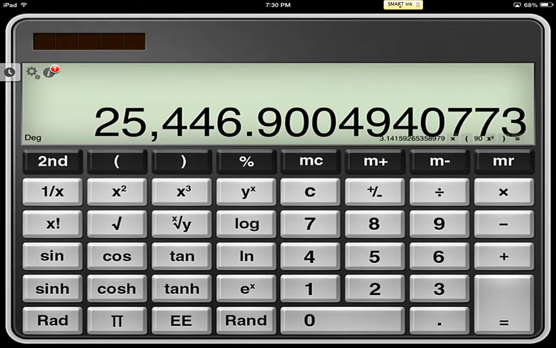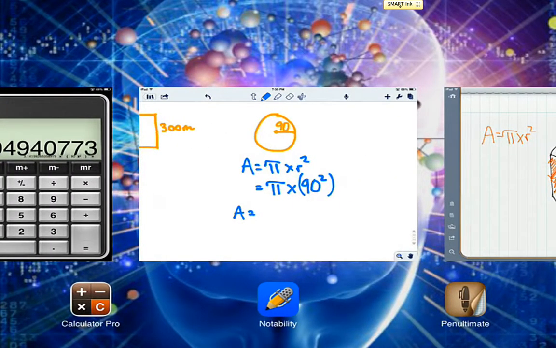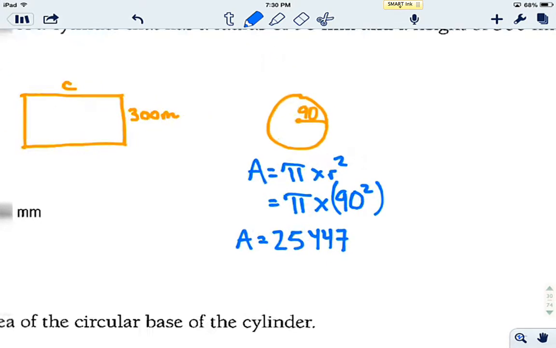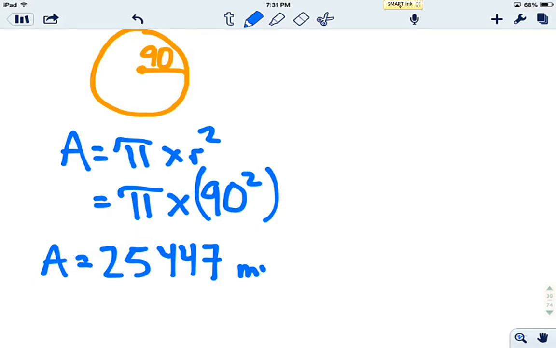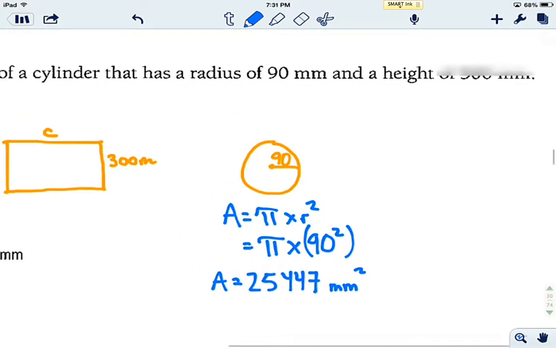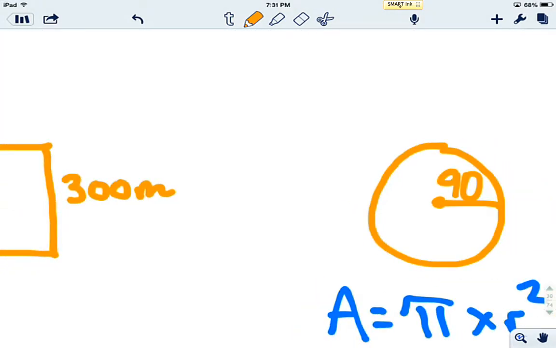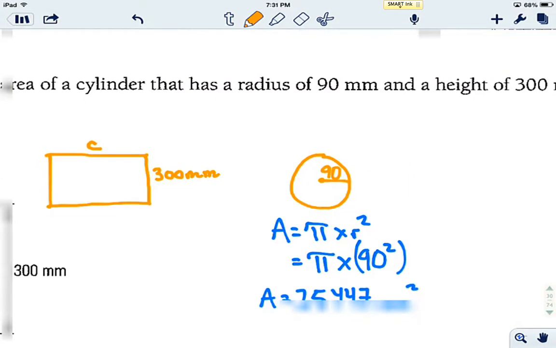That gives me 25,447. Just remember that: 25,447, and this is in millimeters squared. I also need to change this 300 to millimeters. So we have the area of one of those circles.